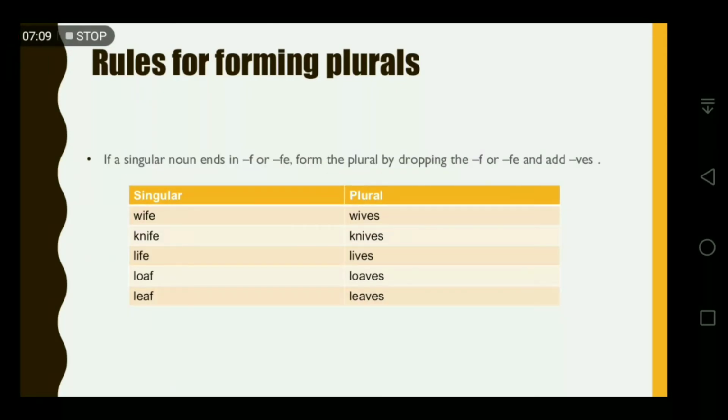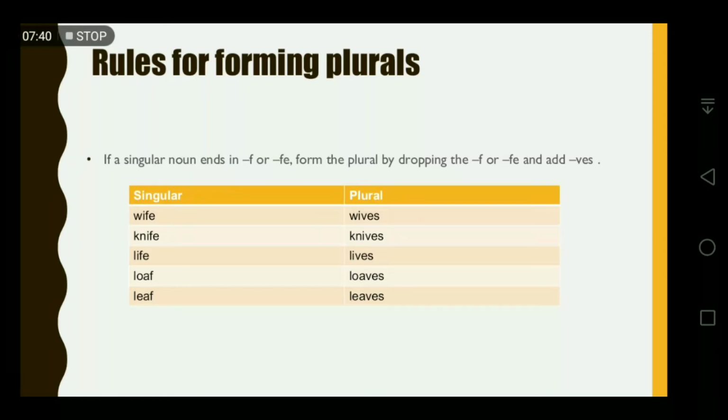Another one. If a singular noun ends in f or fe, to change singular to plural, we drop the letter f or fe and add ves, like wife, wives, knife, knives, life, lives, loaf, loaves, leaf, leaves.